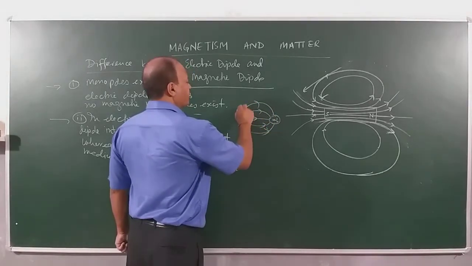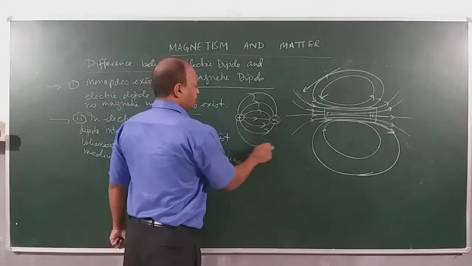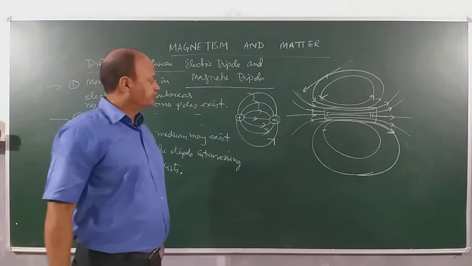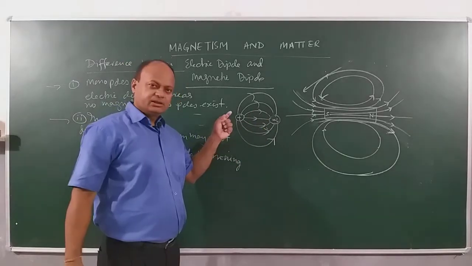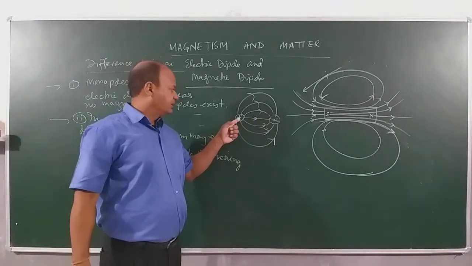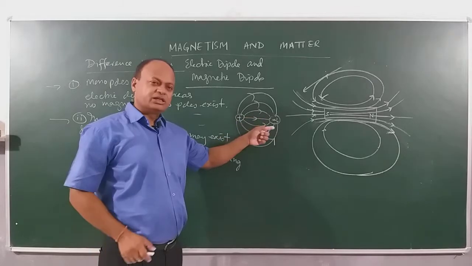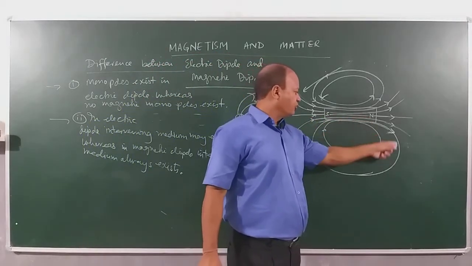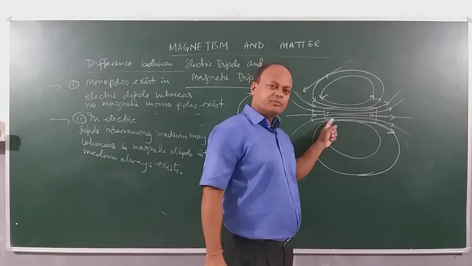So they do not form continuous loops. They are not coming back. They are terminating, going from positive into negative. But magnetic field lines, you can see outside, are starting from north and going into south, but inside they are going from south into north.